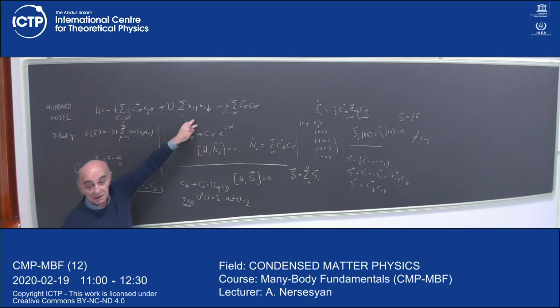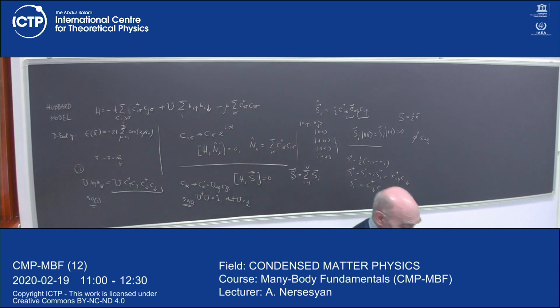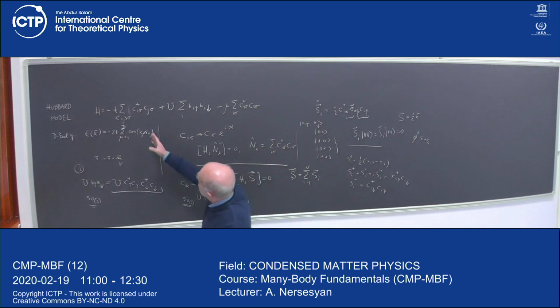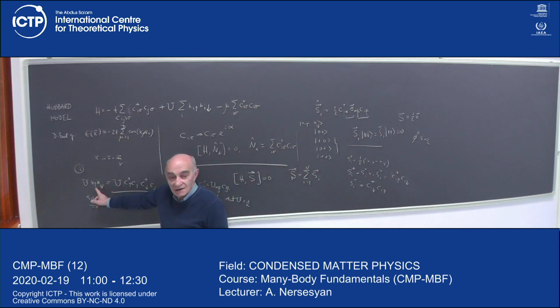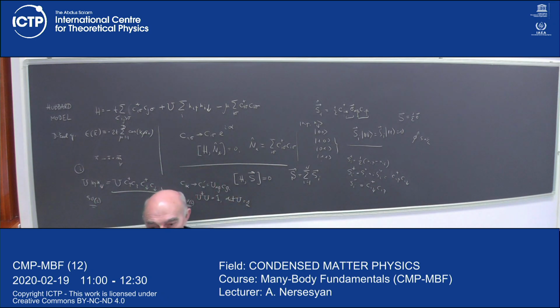What about this one? How can we anticipate the spin rotational invariance of this term? Because very often you can hear, look, this is spin up and this is spin down. Up and down are projections on a given quantization axis.